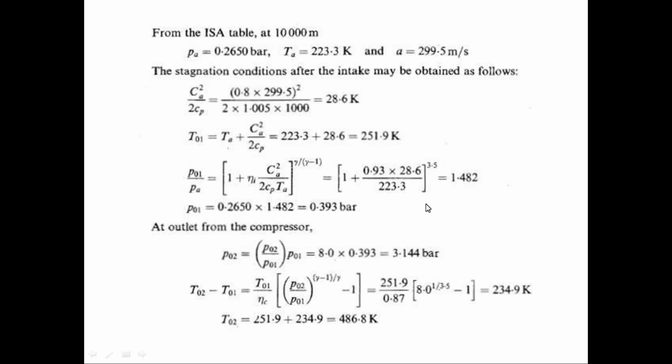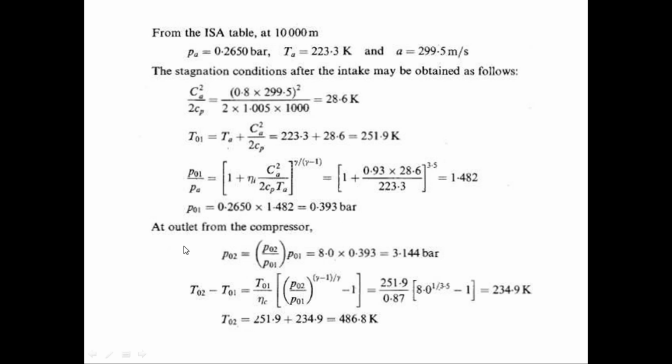So P01 by PA is 1.482. P01 is equal to 1.482 times PA, where PA is 0.2650, so P01 comes out to be 0.393 bar.